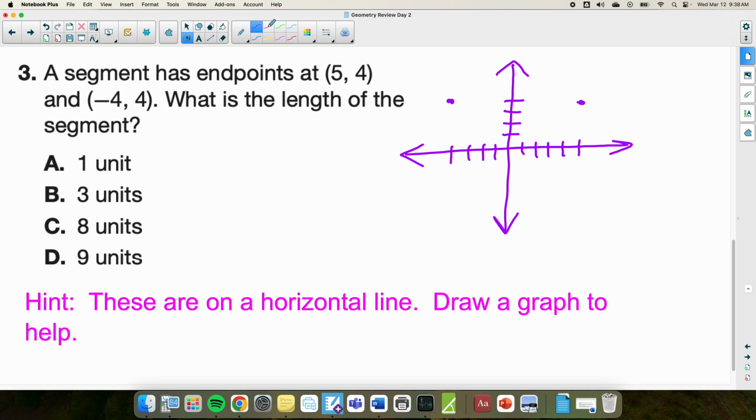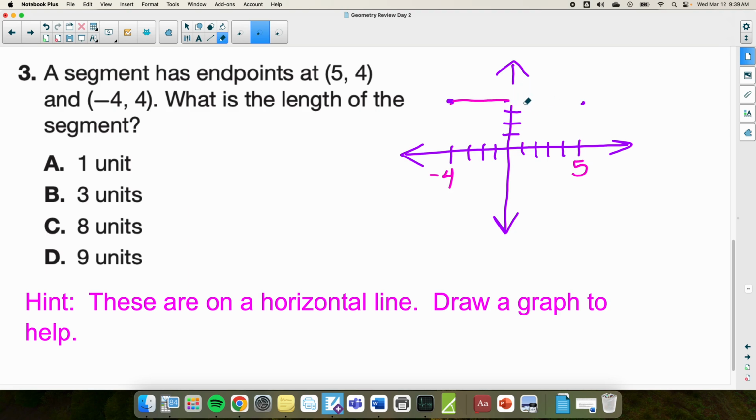When they're on a straight line, you can just count how far it's going to be. So this point right here was at 5. This point right here is at -4. Do you guys get from 5 to the x-axis? There should be one more in here, sorry.